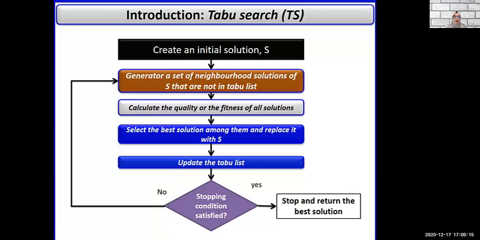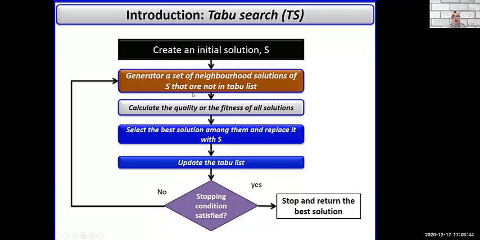So this is where Tabu search is different from simulated annealing and hill climbing. Because in Tabu search, we generate a set of neighbor solutions. It's not just one neighbor. We will generate some neighbors of S that are not in the Tabu list. So there are some neighbors which are restricted. This is what we call the Tabu list.